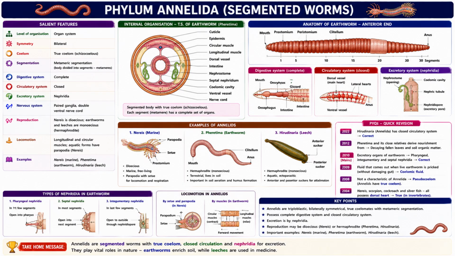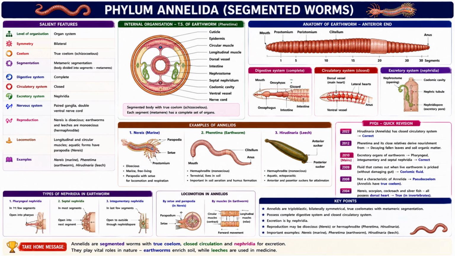Digestive system is complete with mouth, pharynx, esophagus, gizzard, intestine. Circulatory system is closed with dorsal vessel, main heart, and ventral vessel, lateral heart, and excretory system has nephridia. Nephrostome is the opening, coelomic cavity, nephric tubule, and nephridiopore. Excretory pore can be seen. Examples of the annelids are Nereis.